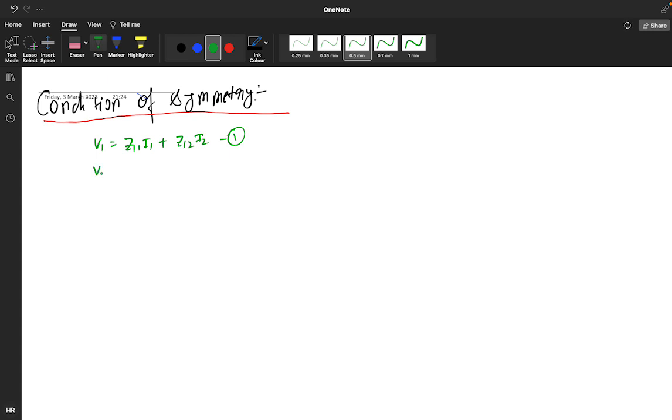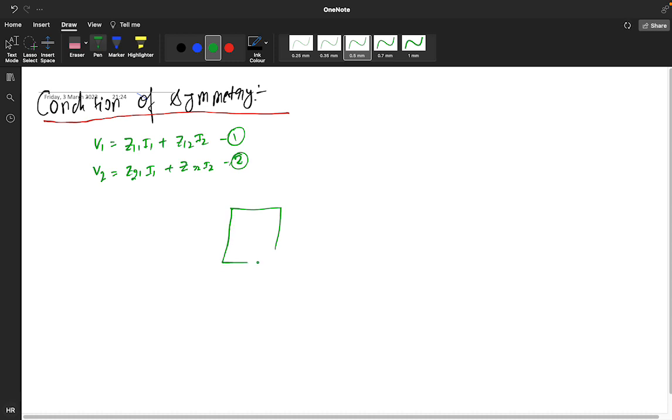And V2 is equal to Z21 I1 plus Z22 I2. This was equation 2. So the meaning of this is that you have a two-port network, where some current I1 is coming in from one side and some current I2 from the other.